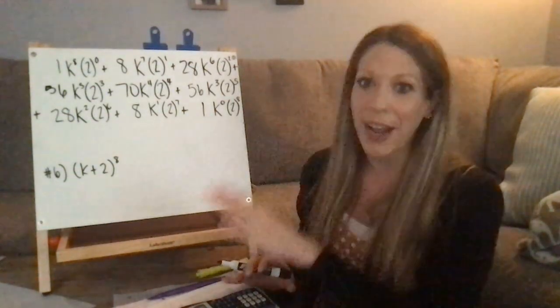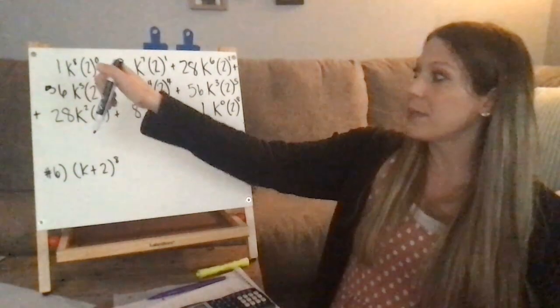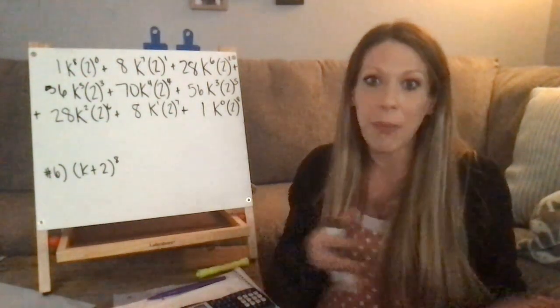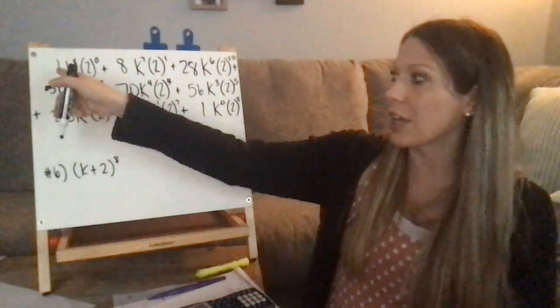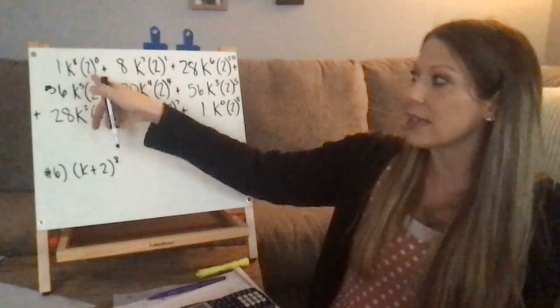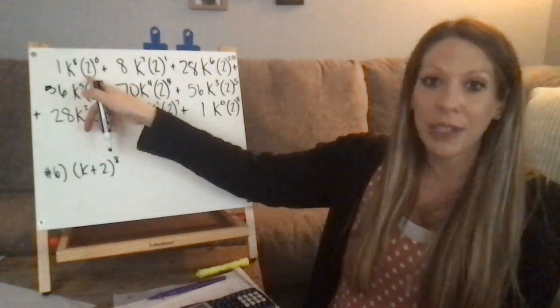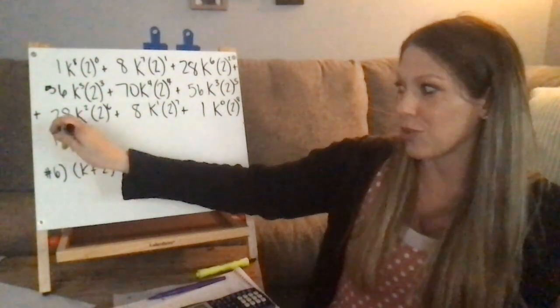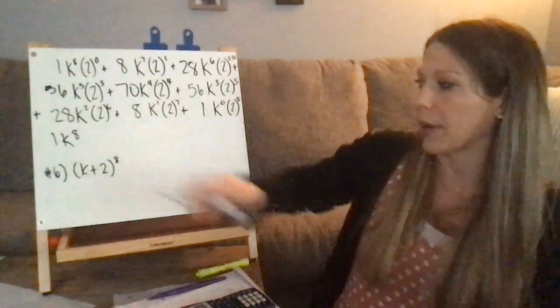But those aren't our final coefficients, because when we raise 2 to powers, that's going to give us numbers too, and we're going to multiply that by the coefficient that we got when we did our combination. So for example, 2 to the 0 power is 1. So really our first term is going to be 1 times 1, which is 1, k to the 8th power.